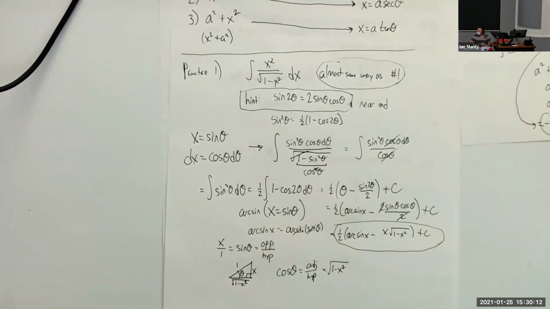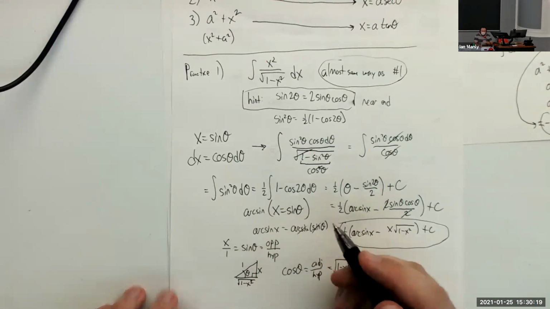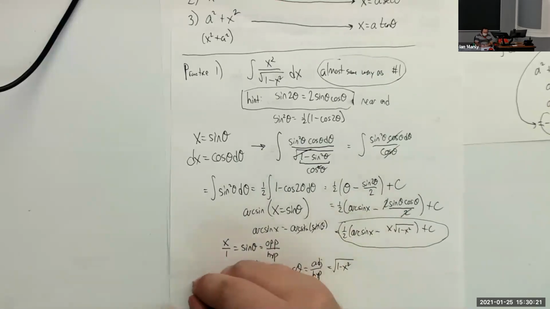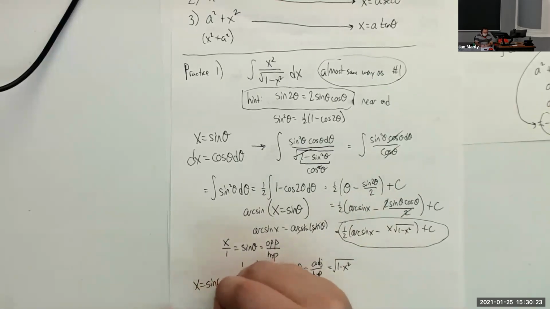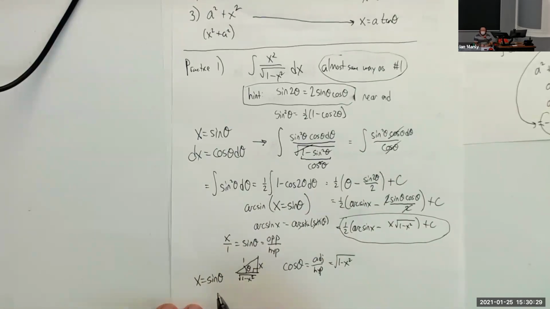All right. I saw some people asking about the sine arc sine thing. Remember the way inverse functions work. If you want to get rid of a function applied to a variable, you can apply its inverse function to both sides.